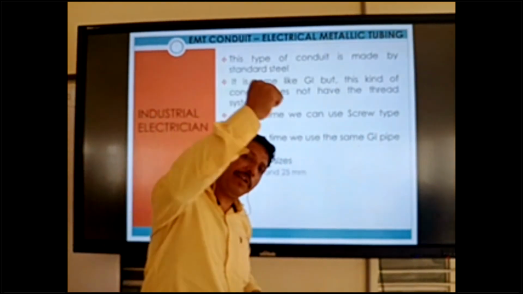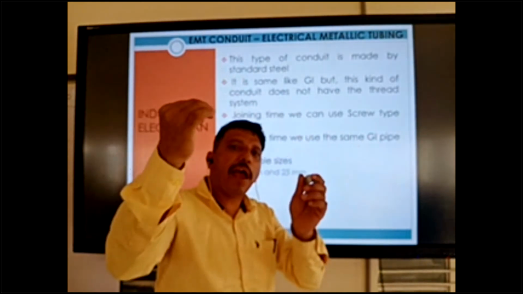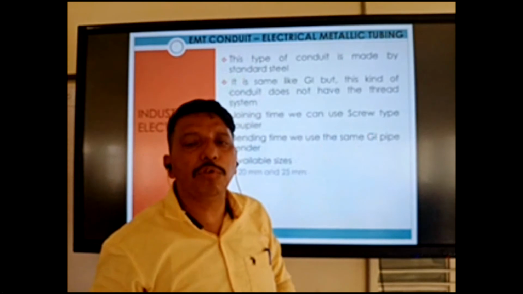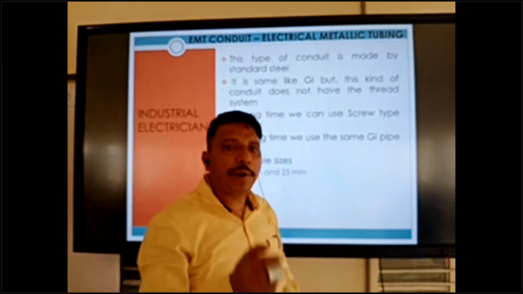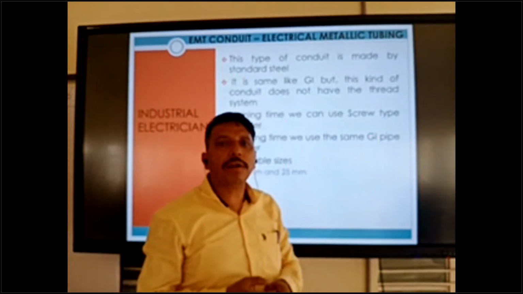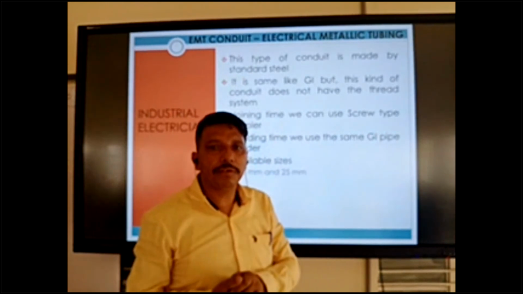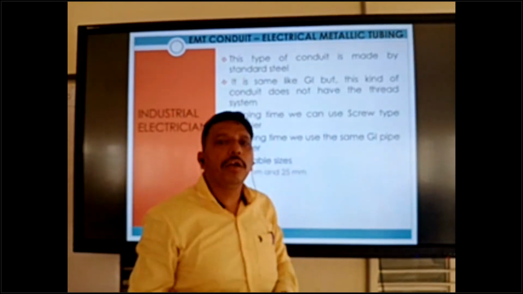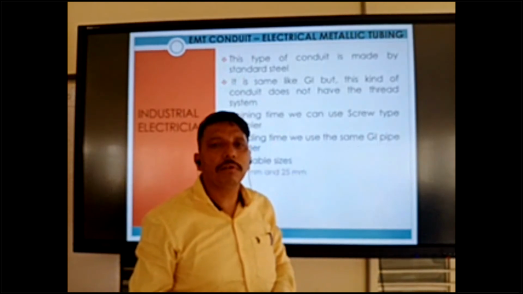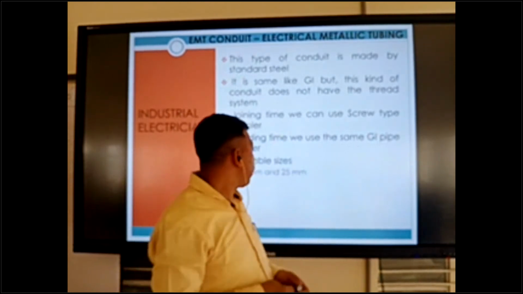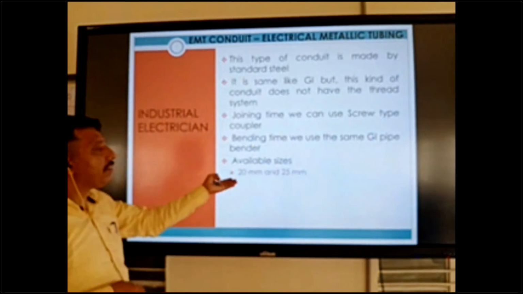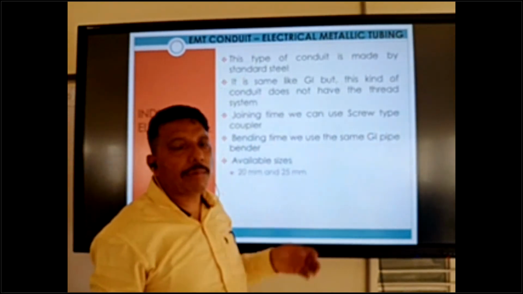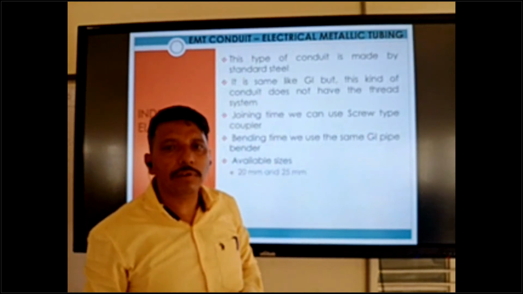If you make a 90 degree bend, 45 degree bend, or offset, for that bending we can use the GI pipe bender, the same type of bender, but threading is not needed. For joining we can use a screw type coupler, and it is available in 20 and 25.